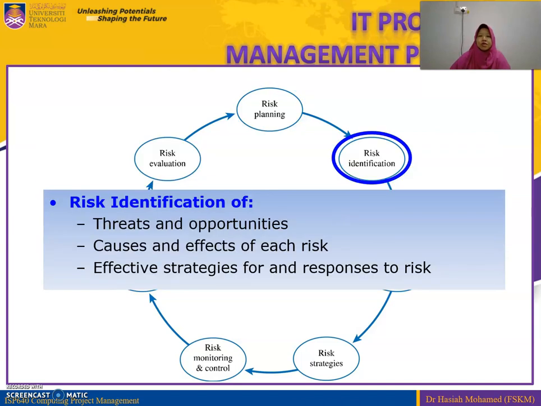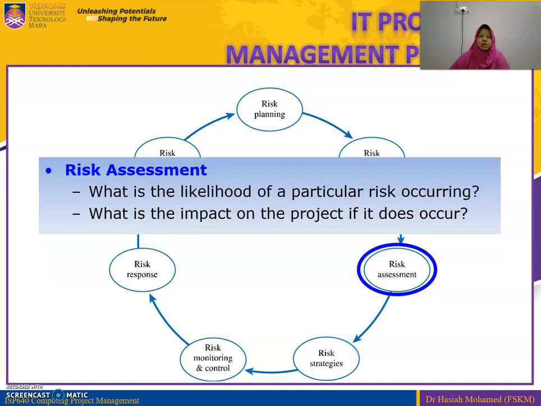Number 2, risk identification. We identify the threats and opportunities, causes and effects, as well as effective strategies to respond to the risk. Risk assessment: what is the likelihood of the particular risk occurring, and what is the impact on the project if it does occur?